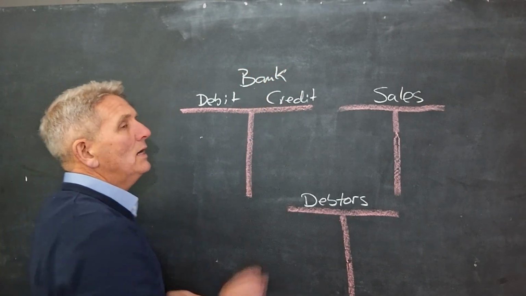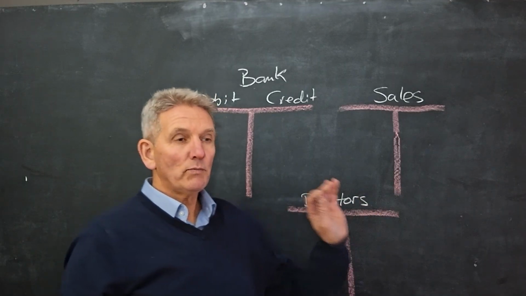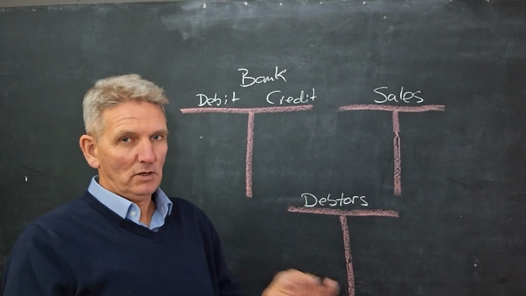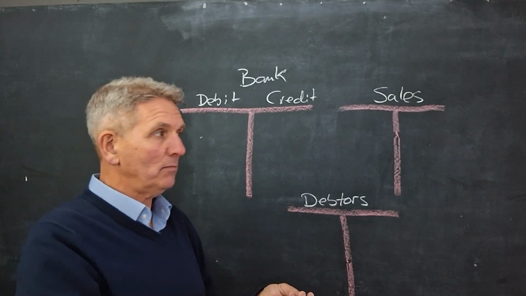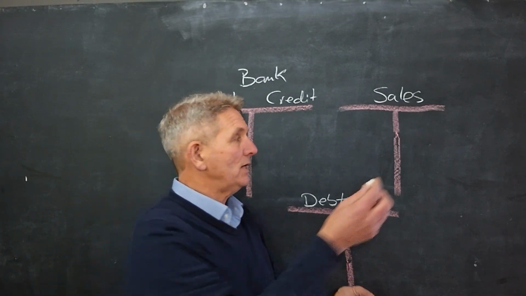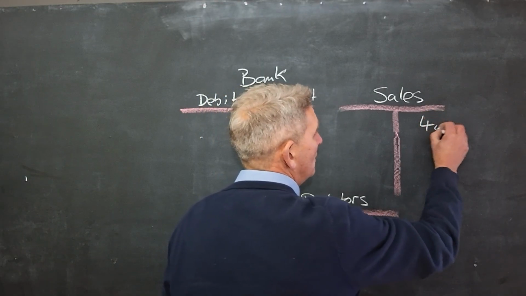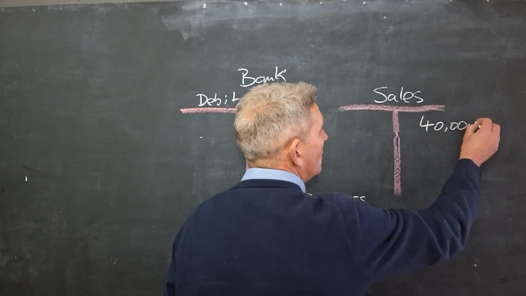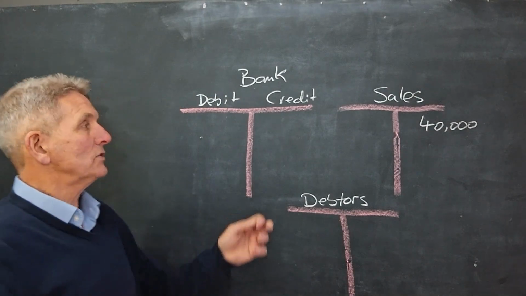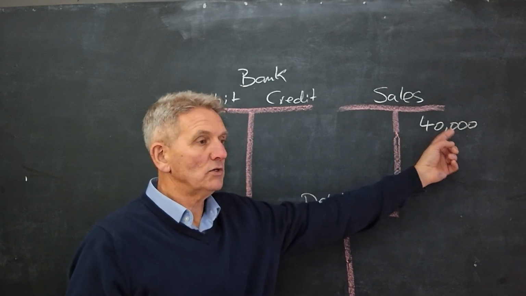Do you remember back in October we made a sale, so we record it, even though no money had transferred at the time because the sale was on credit. We still need to record it, and we sold him $40,000 worth of sales. So we enter 40,000 on the credit side.